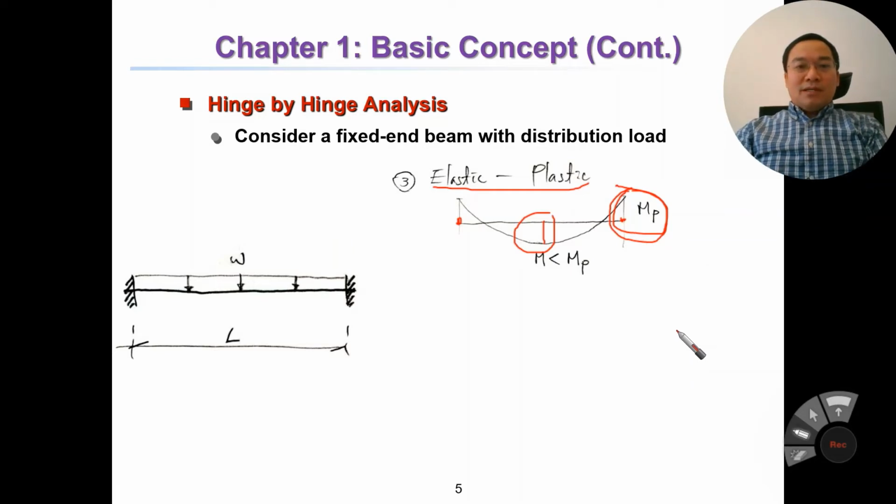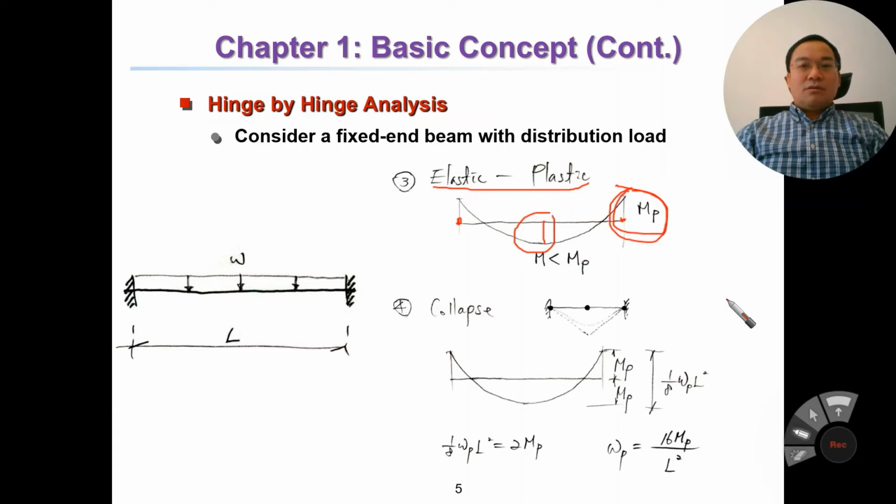And keep increasing the load, we reach the collapse phase. At the collapse phase, the hinges occur at both ends and at the middle as well. We have three hinges. Then it collapses. It means not only Mp here, but now also Mp at the middle.